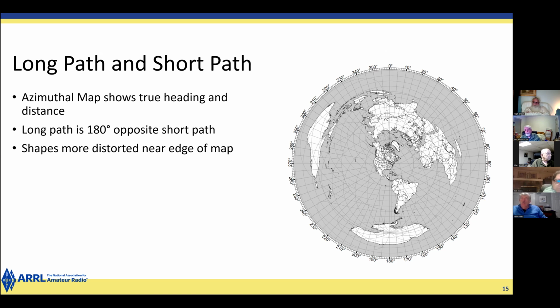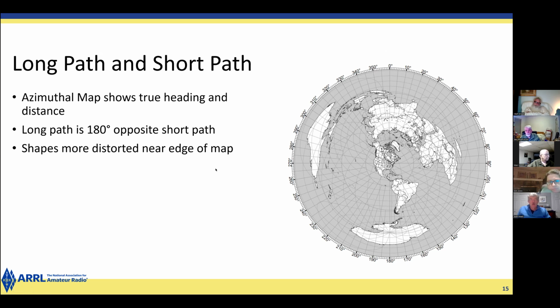So you can see that the shapes of the continents outside North America are fairly distorted, especially Australia. But you can sort of make out the shape of South America and Africa. They look kind of what you're used to.